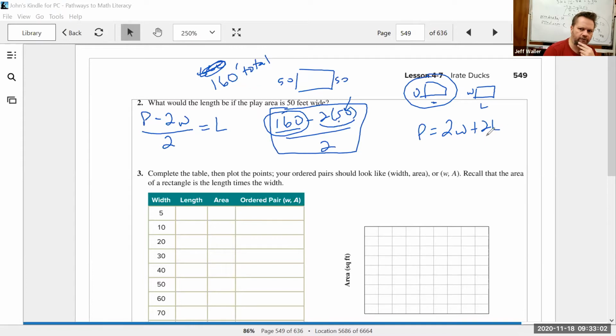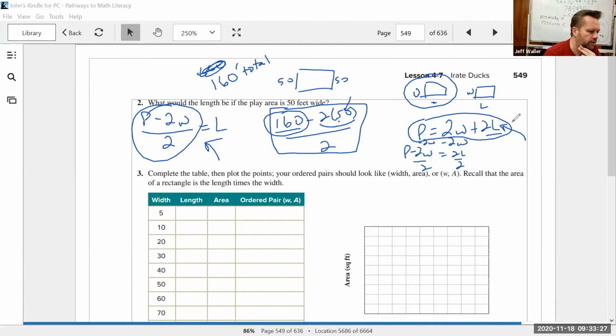How do you solve for L? I'm going to subtract 2W, and then I divide by 2. Well, isn't that what we did? I really want you guys to see that. We could have known the shortcut ahead of time if we had just started with the actual perimeter formula and solved for the length, because that's really what we're doing in those first two problems.